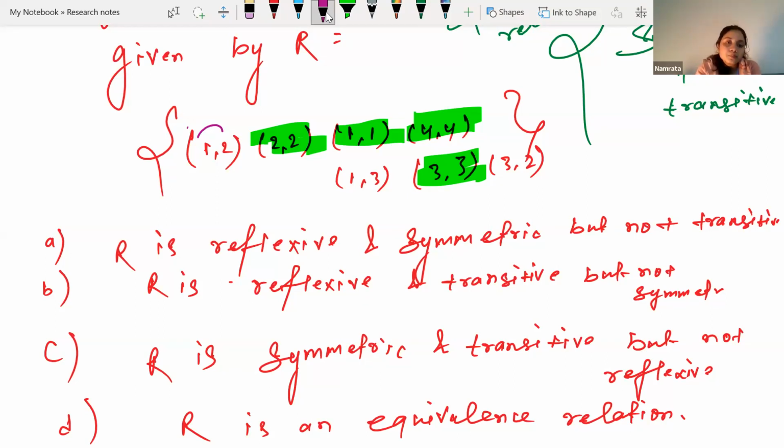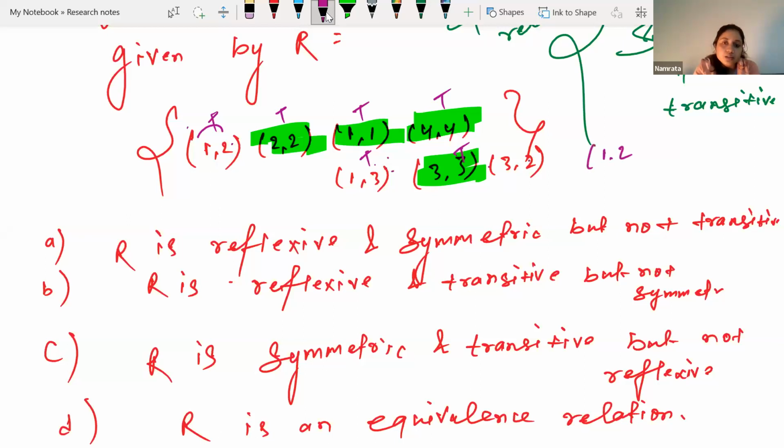Now transitive. So 1 to 2. Is there any 2 to any other number? No. So yes, it's fulfilling transitivity. This is also fulfilling, because these are just ordered pairs of the same element with itself. 1 is going to 3, 3 is going to no other number. So yes, each and every element is fulfilling the criteria of transitivity. 1 is going to 3, 3 is going to 2, so 1 to 2 must be there.